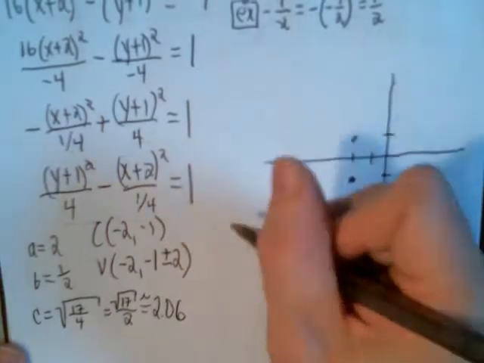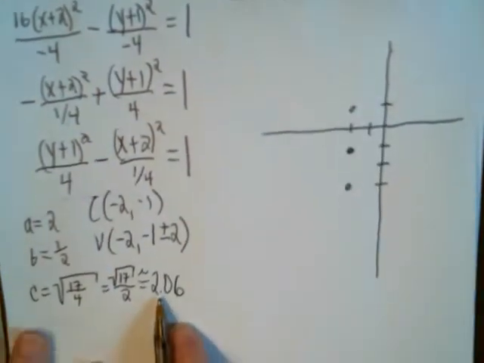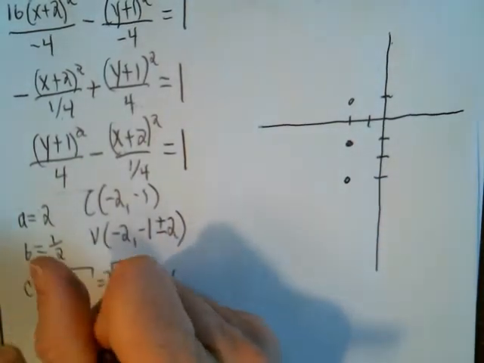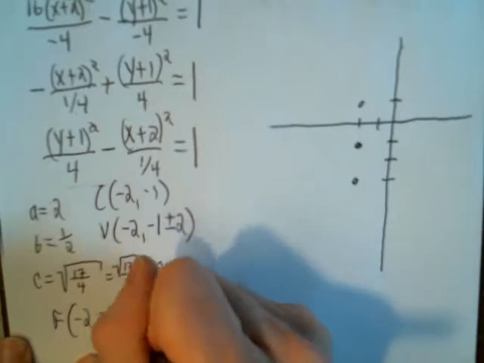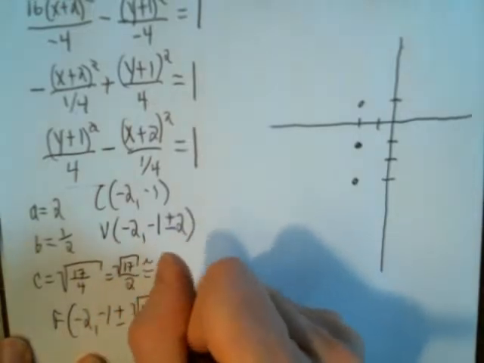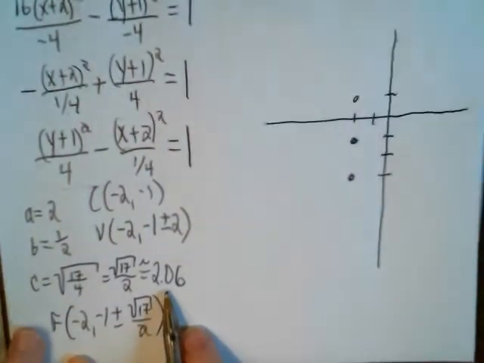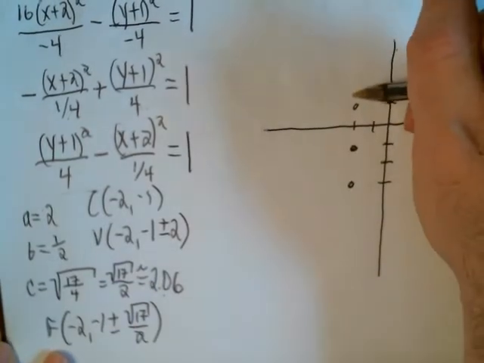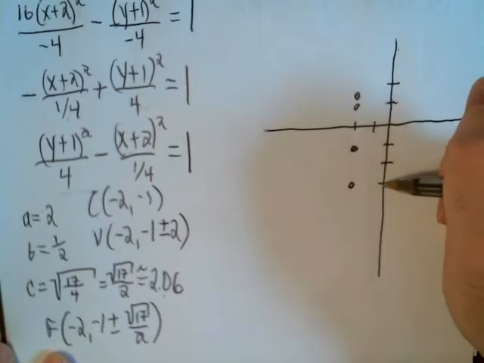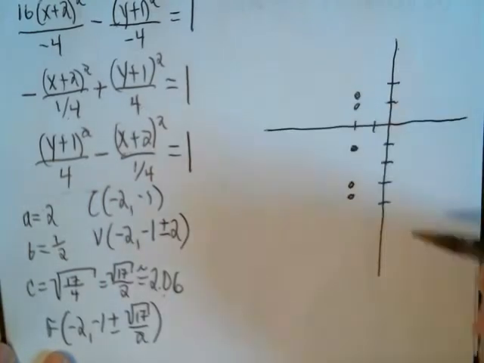For the foci, you do the same thing, but you use the c value. So the foci will be negative 2, comma, negative 1, plus or minus the square root 17 over 2. In other words, you go up and down by 2.06. So 1, 2.06, and then 1, 2.06.